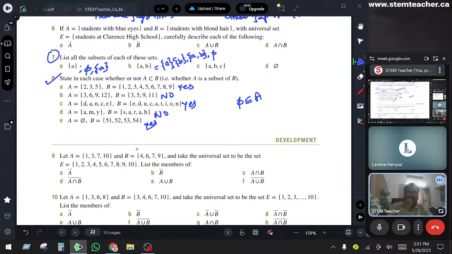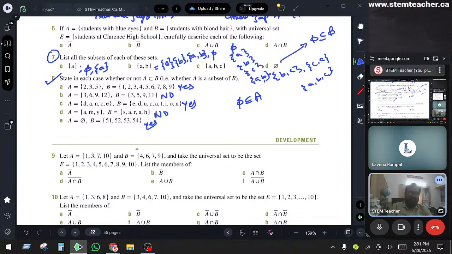And here A, B, C, AB, BC, CA, ABC, and empty. These are the subsets. And the empty set is the only subset of itself. Empty is a subset of empty. That's it. Okay.